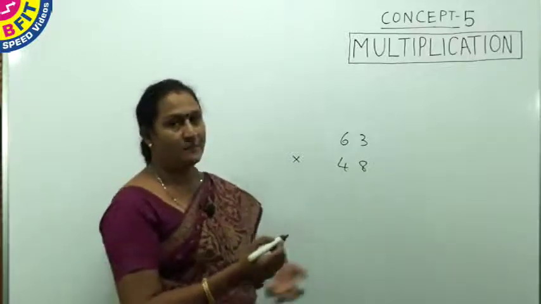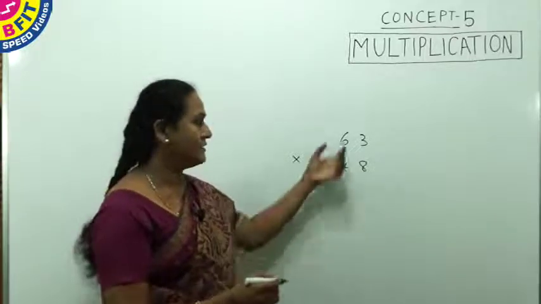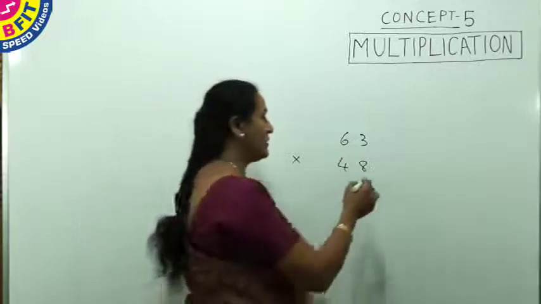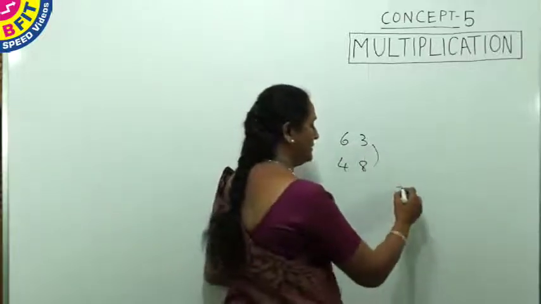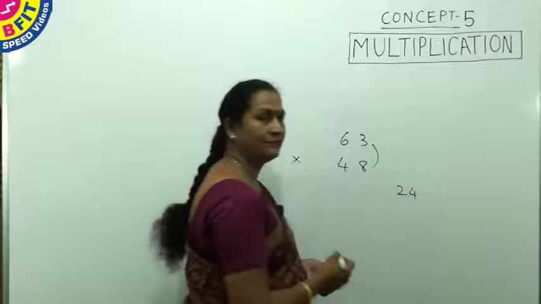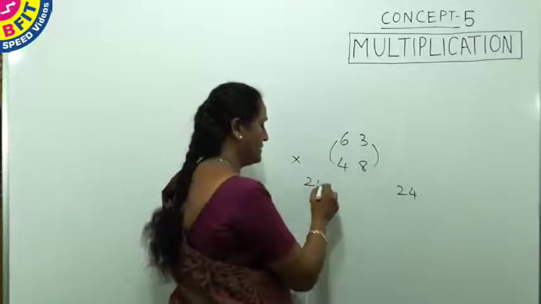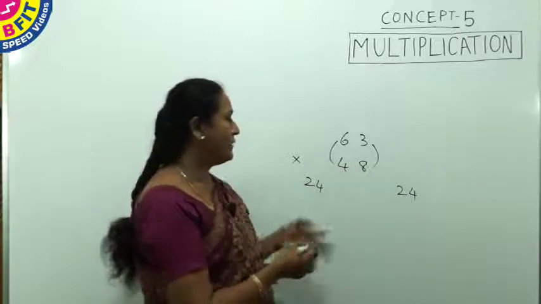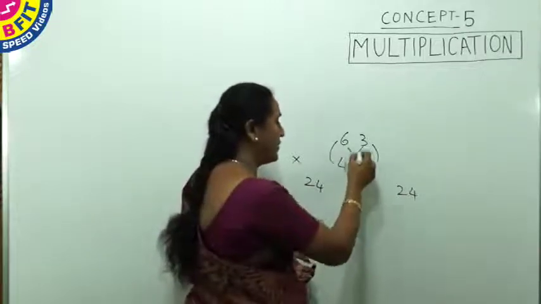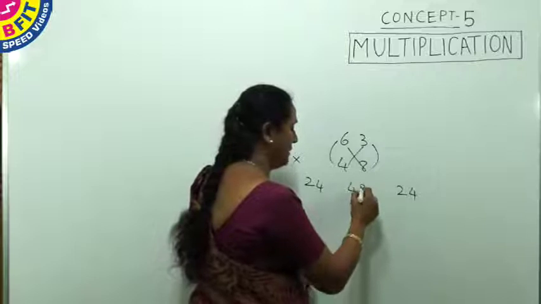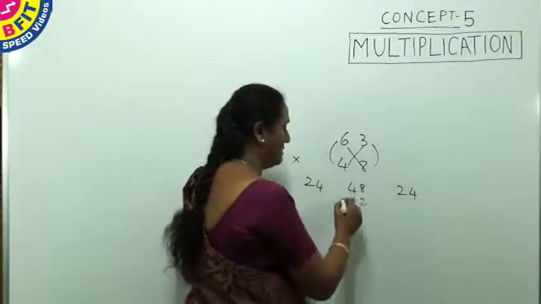Now using the same pattern we can find the product of 63 and 48. So what is the product of 3 and 8? It is 24. And the product of 6 and 4, the same, 24. And for the middle, the extreme products, 6 into 8, 48, and 4 and 3, 12, are added.